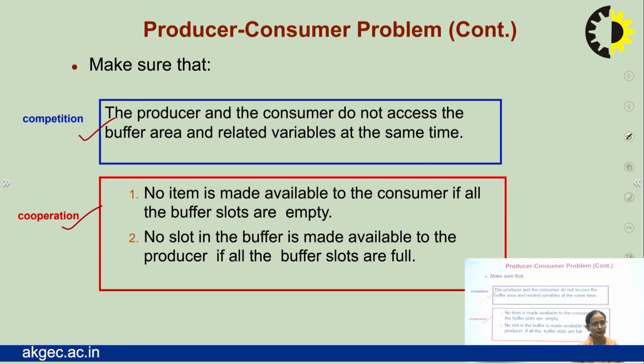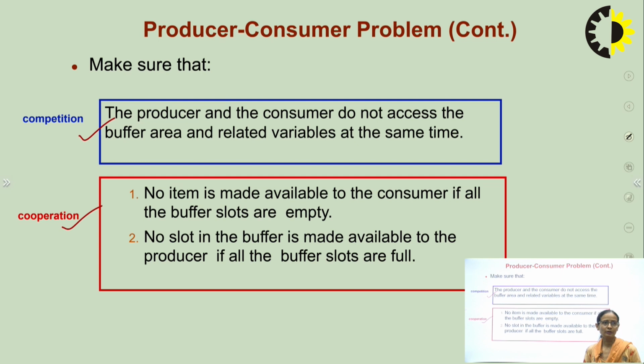They are competing. They are competing on what? The producer and the consumer should not access the buffer area and related variables at the same time. This we need to check. Cooperation means that no item is made available to the consumer if all the buffer slots are empty, and no slot in the buffer is made available to the producer if all the buffer slots are full.